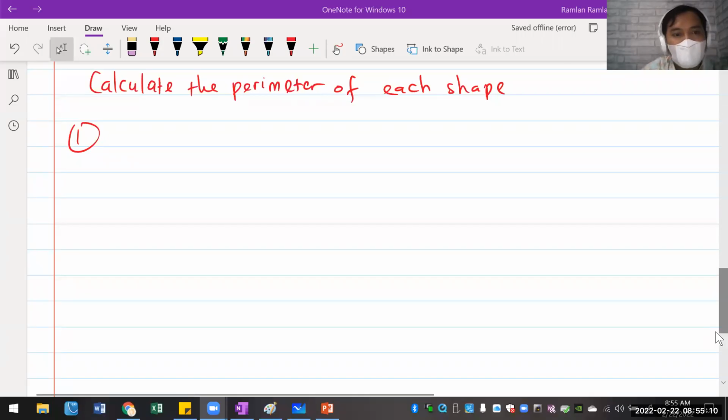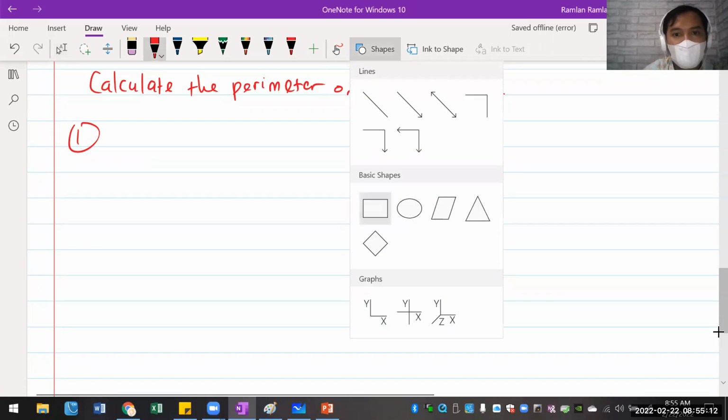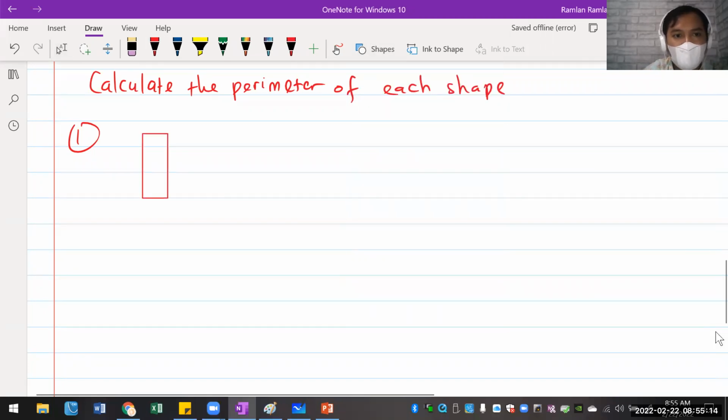For number 1, it's gonna be easy. I'm just gonna draw a rectangle here. Please write down the process, guys, and draw the shape if you have the shape. I mean, draw the shape, and then write down the process. So this is 7 centimeter, and this is 4 centimeter. This is a rectangle for number 1.